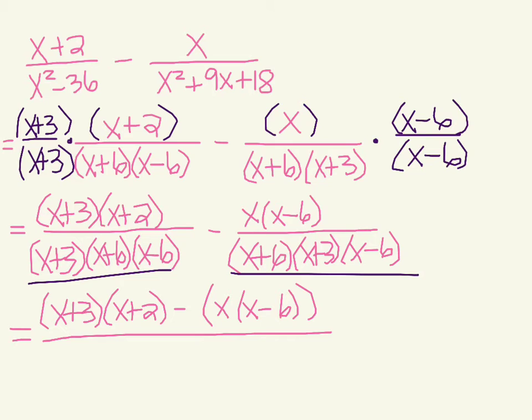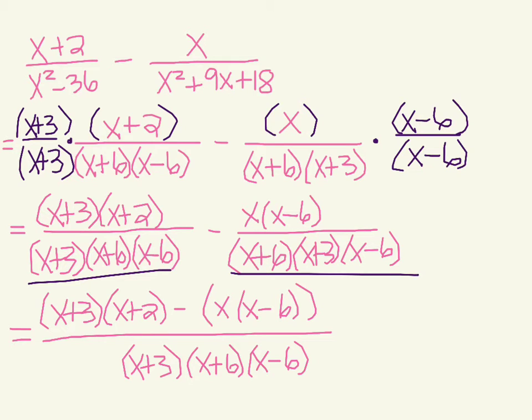Now when I add or subtract fractions with the same denominator, that means when I do the subtraction in the numerator, the denominator just gets the denominator that each fraction has in common. So I'm left with this. Now, I'm not done. The numerator is actually still kind of involved. So my next step is to go ahead and simplify my numerator.